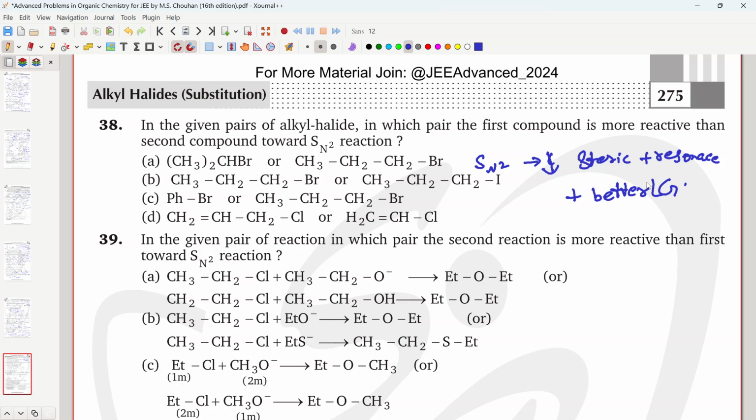So A, this is secondary, this is primary. In SN2, primary is greater than secondary. This is not faster.